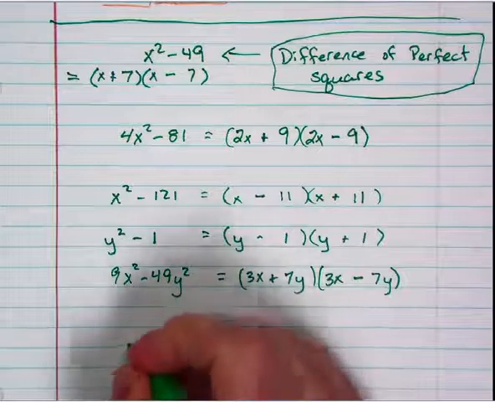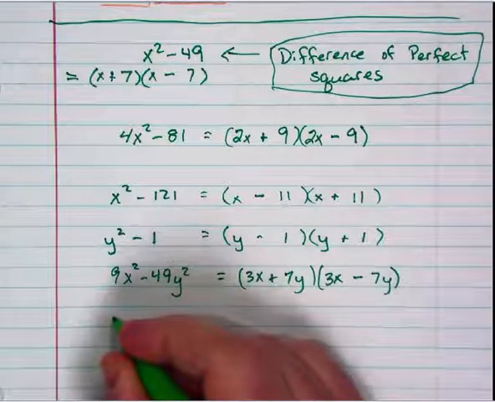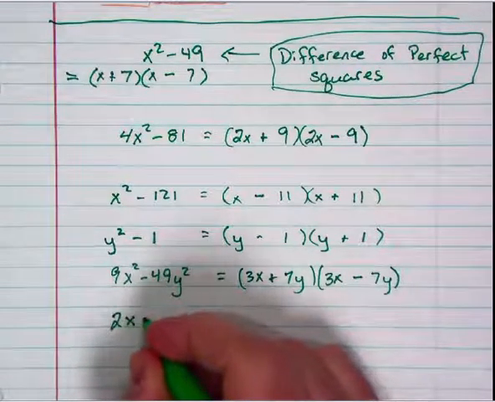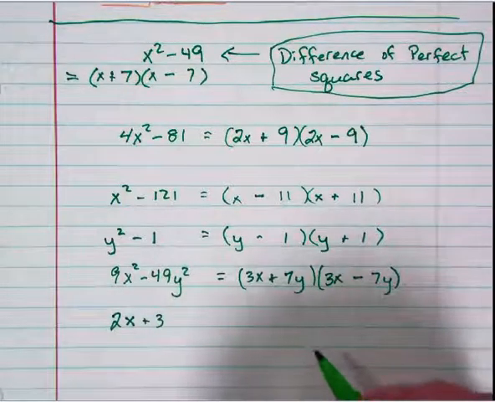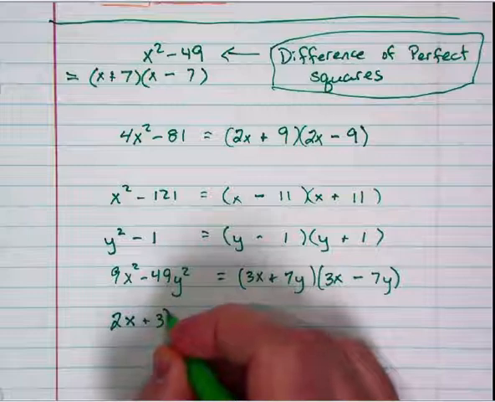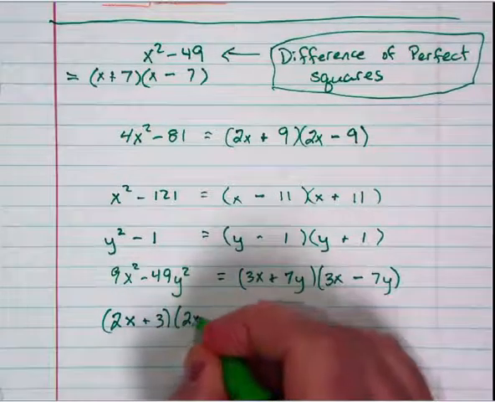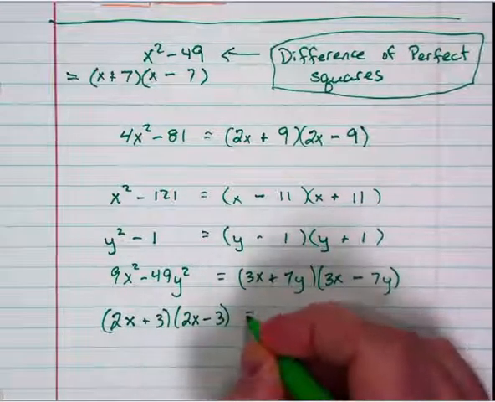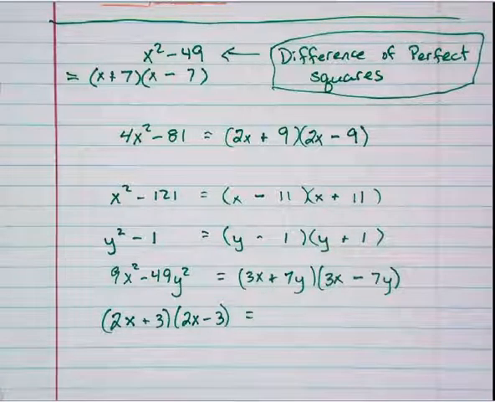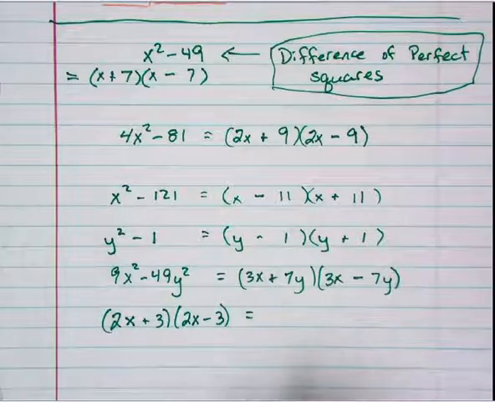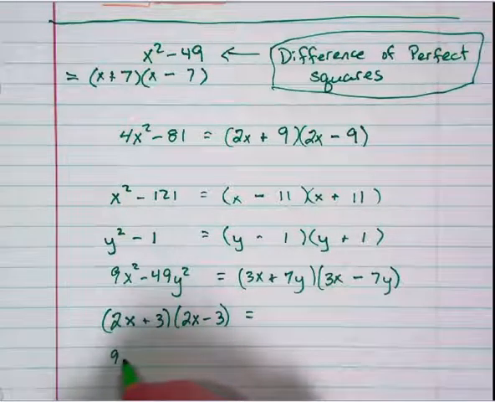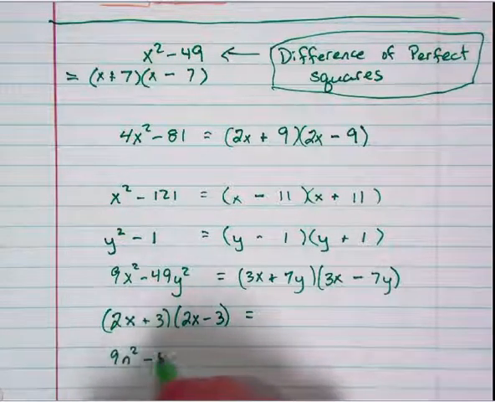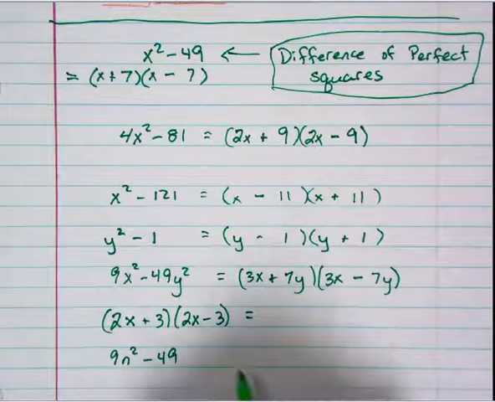Okay. Try a few more, and then that will be it for this. So how about 2x plus 3 times 2x minus 3? What will that give you? Okay, and then using that idea, what if I were to give you 9n squared minus 49? Factor that.